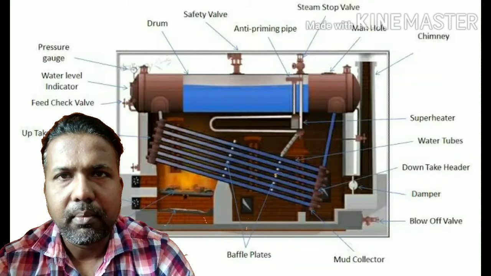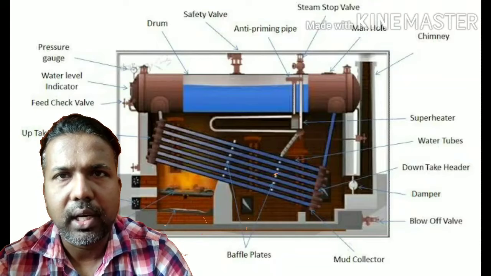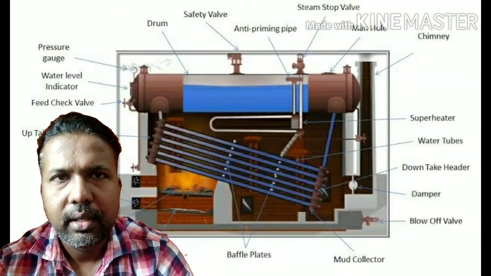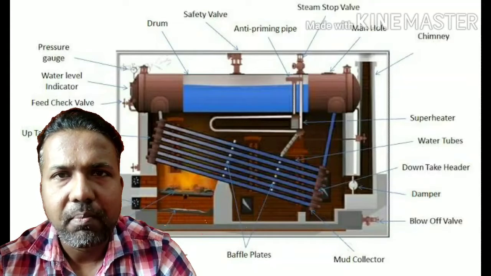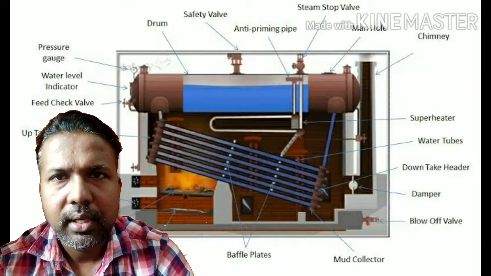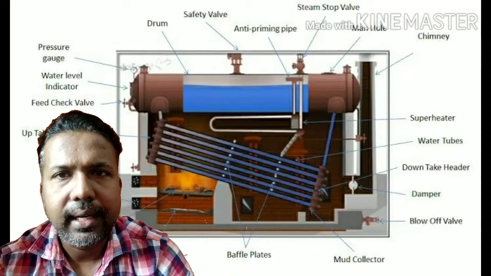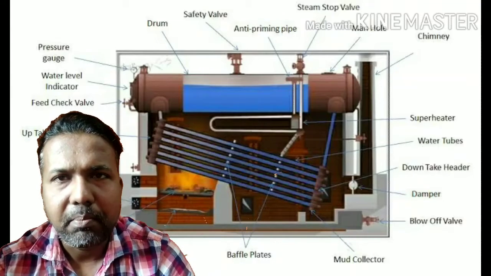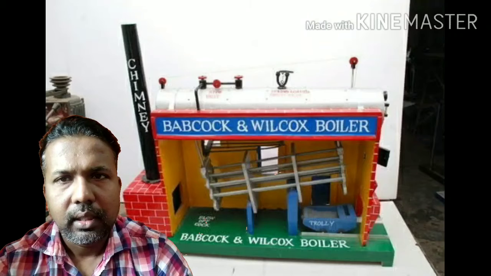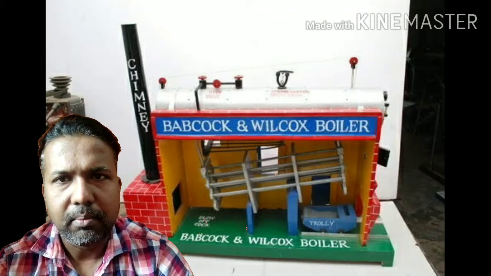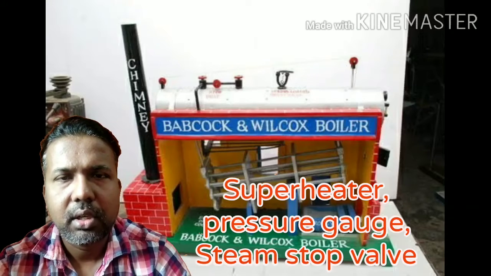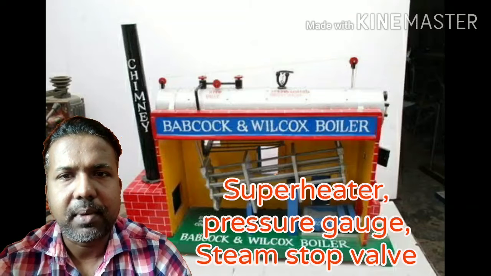There are different components we are using, such as boiler drum, downtake header, uptake header, water tubes, baffle plates, fire door, grate, mud collector, feed check valve, damper, anti-priming pipe, superheater, etc. Some mountings and accessories we are using in this boiler are superheater, pressure gauge, water level indicator, steam safety valve.